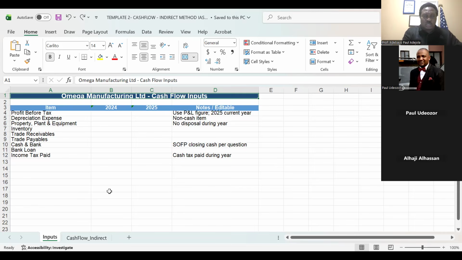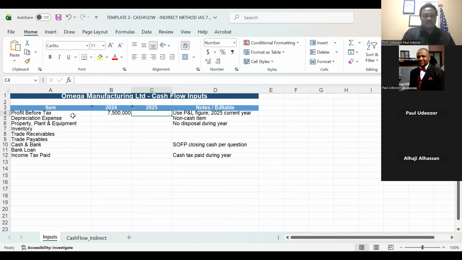So what we are going to do without wasting time, please let's check. Profit before tax, watch from our question. We have profit before tax, 7,500,000 is given. And there is even a note here: use P&L figure 2025 current year. Are we there? Depreciation expense from our question is 2,500,000.